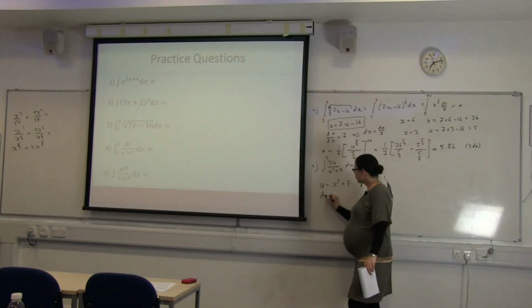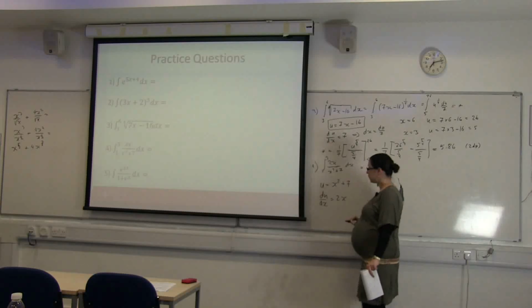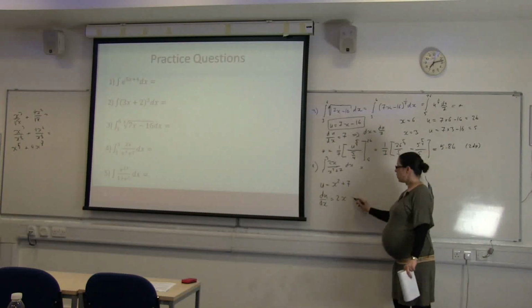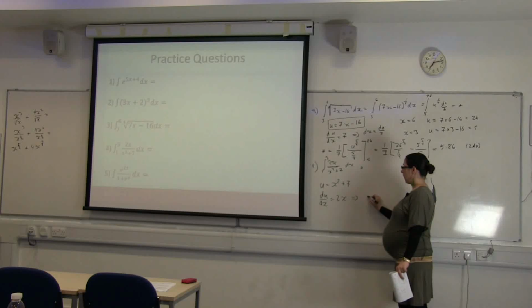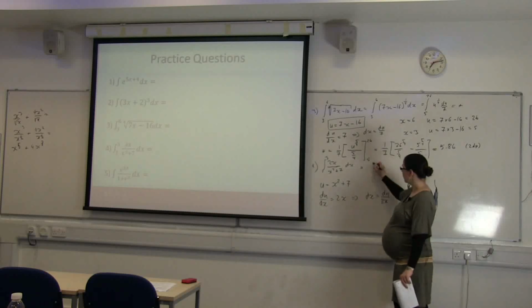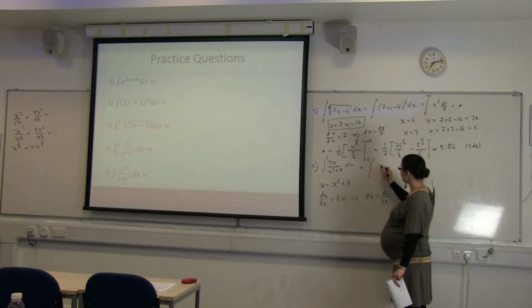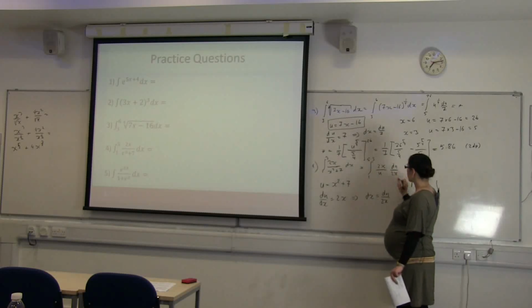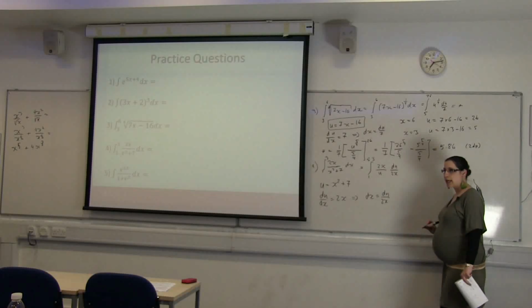So, therefore, du/dx is 2x. So, rewriting this, dx is equal to du over 2x. So, integral from 1 to 3, 2x over u times du over 2x. And how convenient.